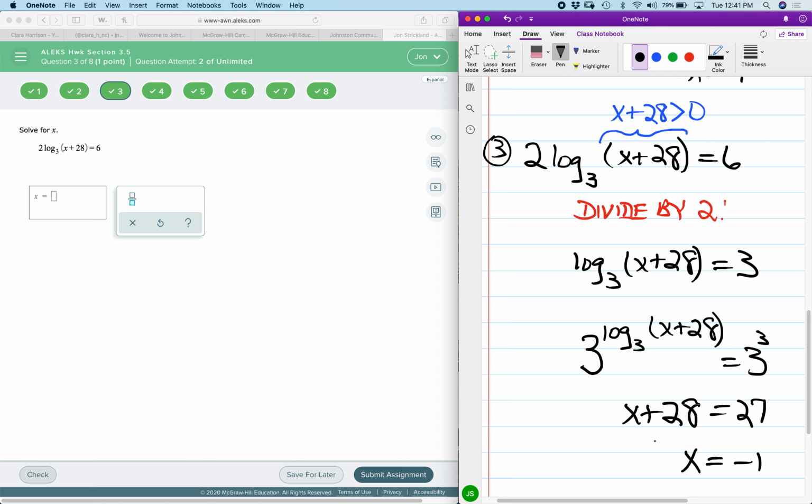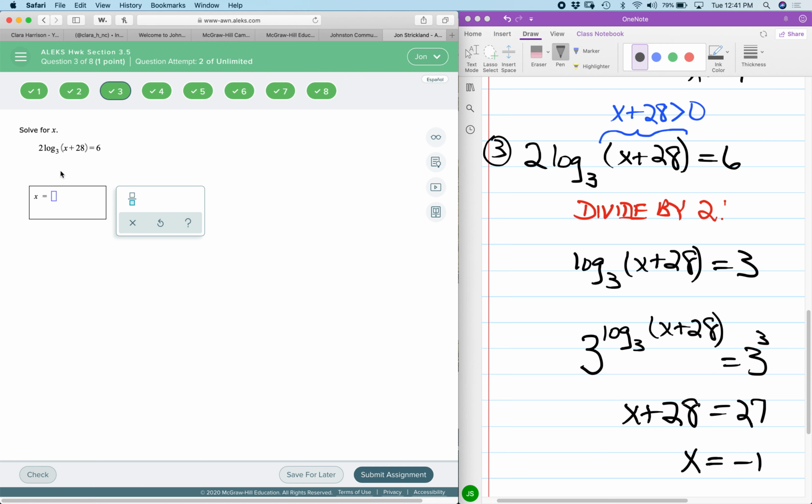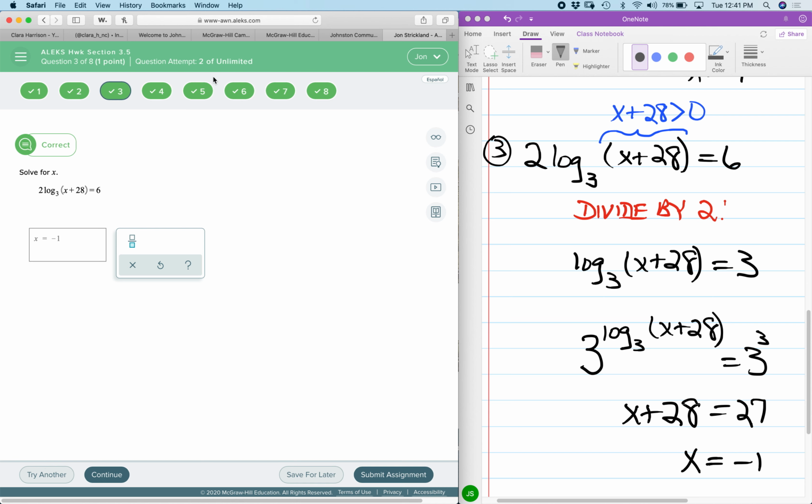While we cannot have a negative argument, here x is a negative value, but the argument is not x, but x plus 28. And -1 plus 28 is 27, and that is greater than 0. Testing it out, the result is correct.